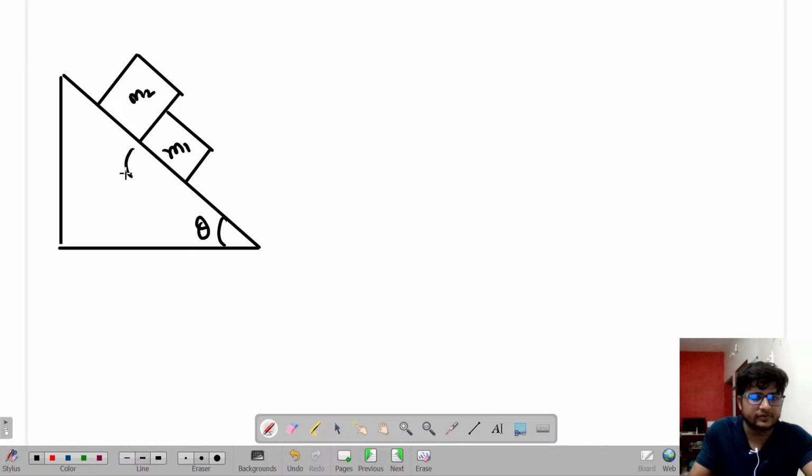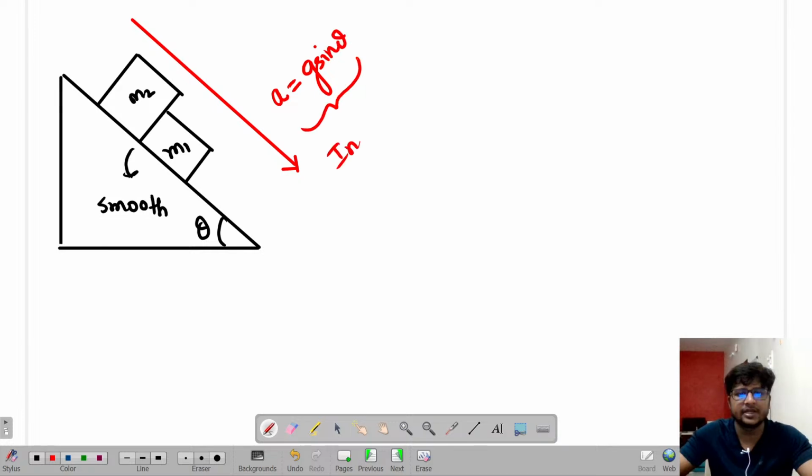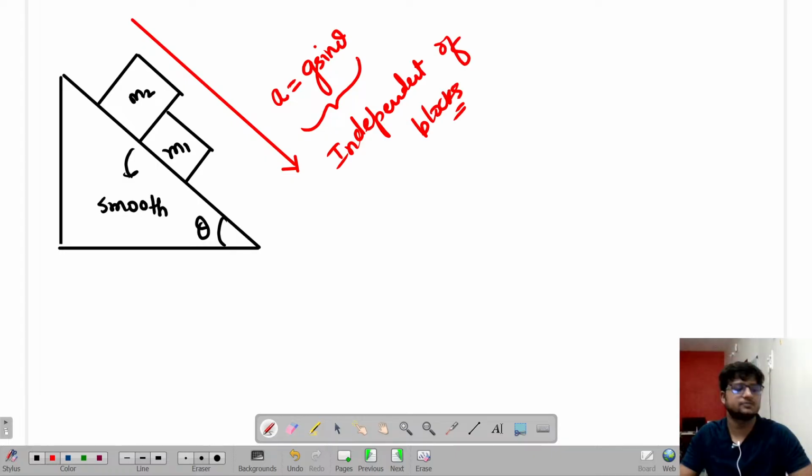Which kind of surface? Smooth. Now on this inclined plane, if you consider masses and the surface is smooth, the acceleration of both blocks will be equal to g sin theta only, or not, which is independent of the blocks. Say me something, yes or no? It is independent of the mass of the blocks or not?